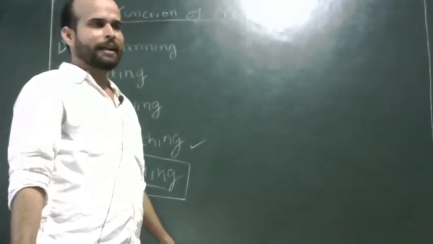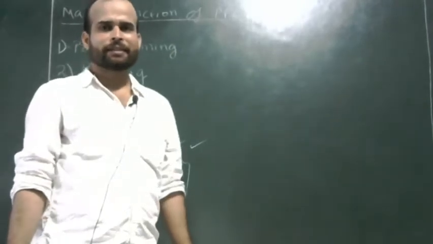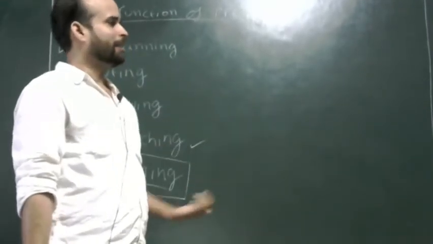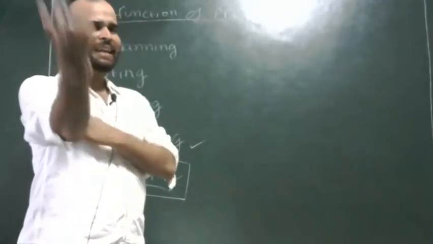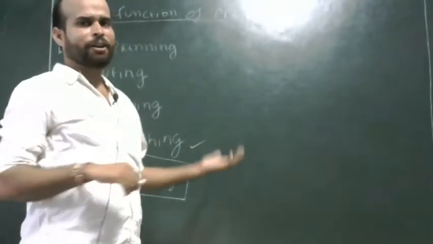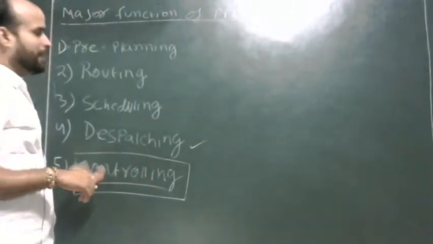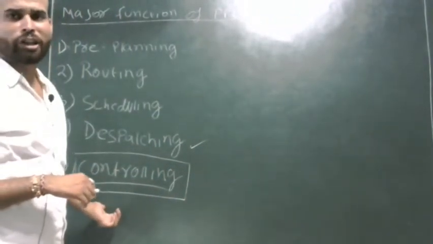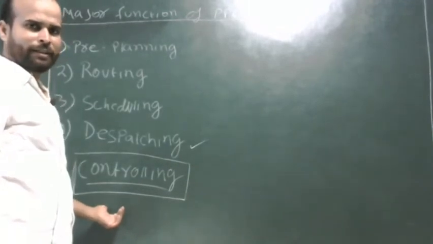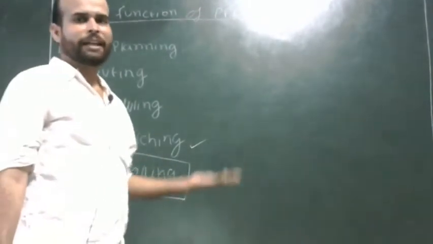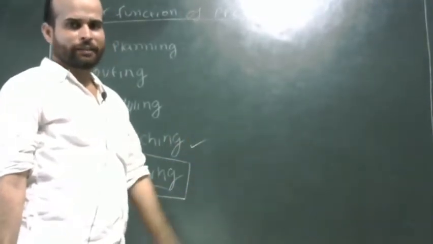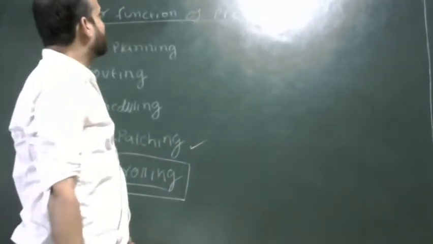Okay, and if there is some disturbance or some delay in the timing or schedule or any of the steps, then we have to control all the things. Okay, by controlling, by management, by engineer, or by worker, whatever is required.